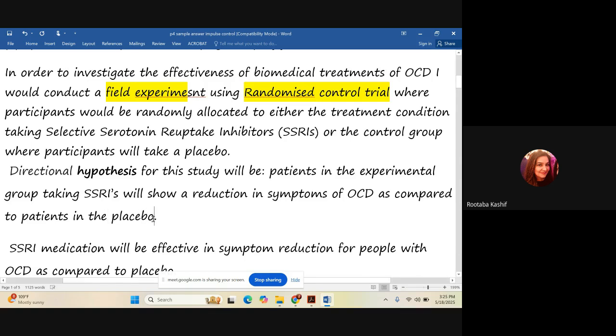So this makes better sense. Now, when you're writing any directional or non-directional hypothesis, the experimental condition where the independent variable is present needs to be mentioned. The control condition needs to be mentioned, and the independent variable definitely, and the direction has to be mentioned as well.